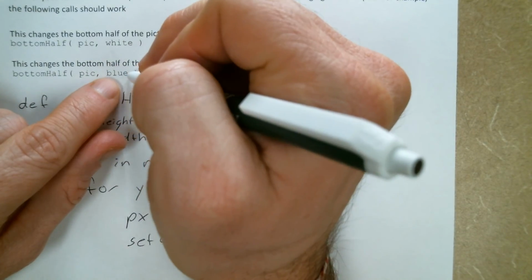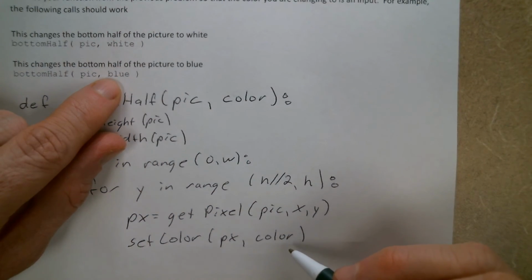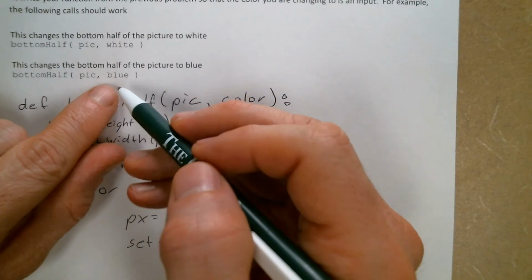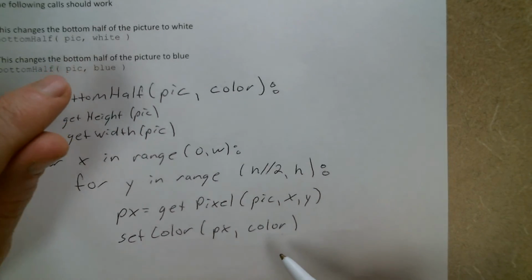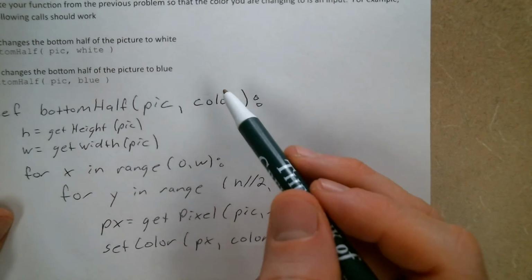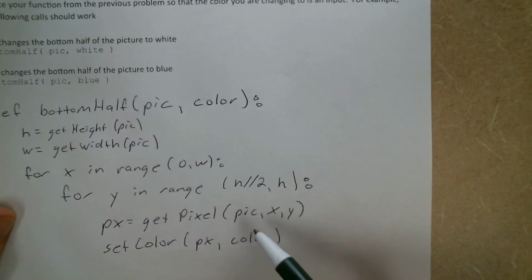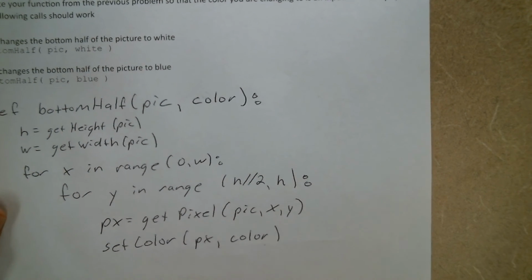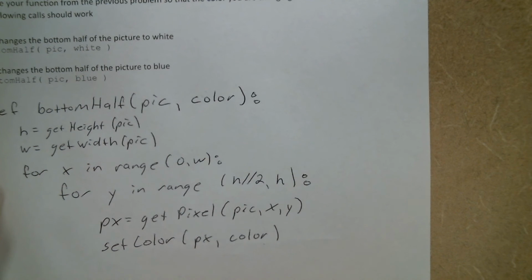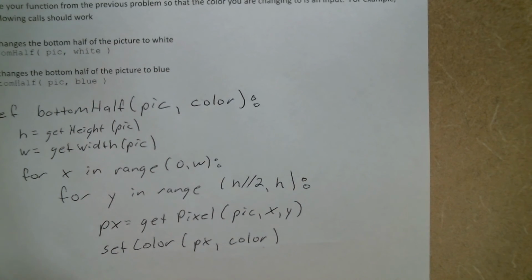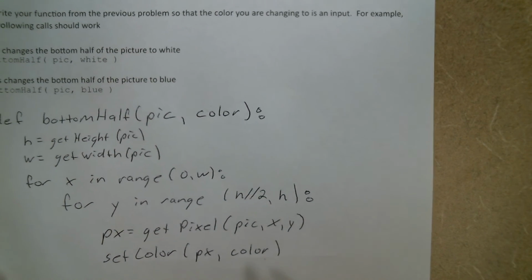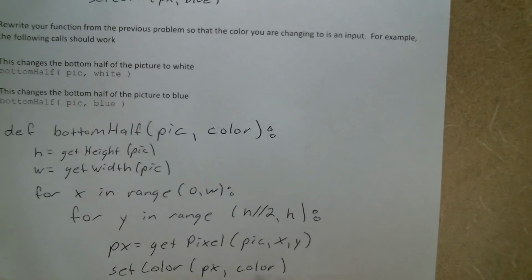If they call the function like this, blue gets plugged in here. If they call the function with orange, then orange would get plugged in there. Whatever it is, this is now a variable that's going to store a color name. And then instead of having a color name hard-coded in here, I'm using that variable to specify what I want. So pretty much exactly the same, just that one tiny little change.